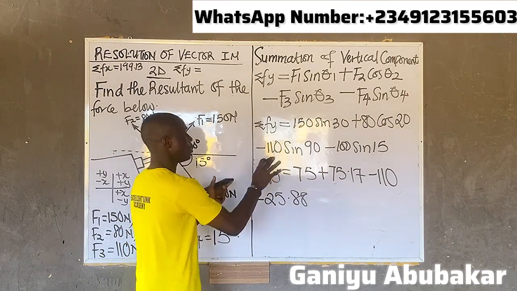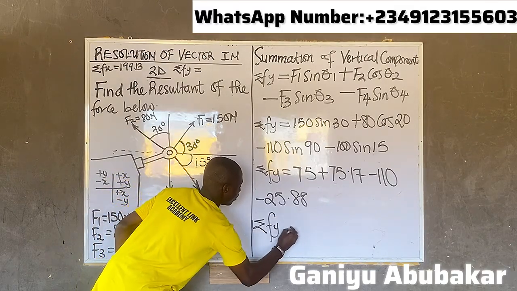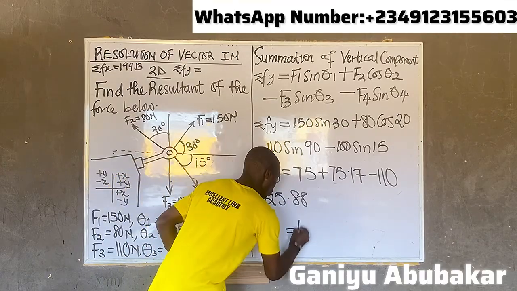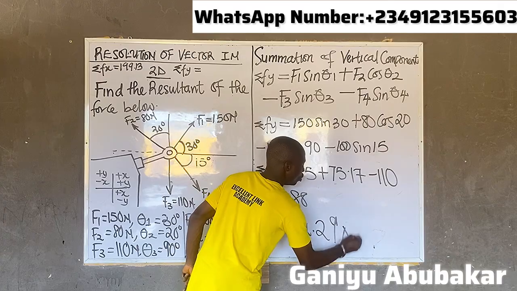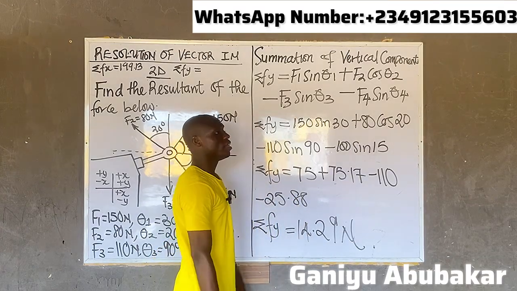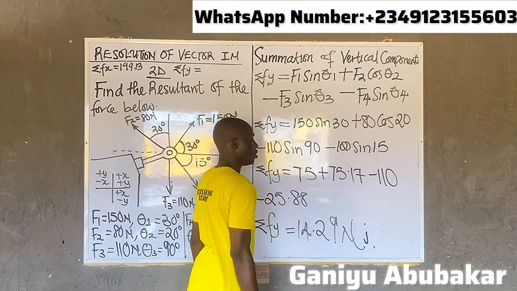In other words, simplify this man here. I'll have that summation f of y is equal in value to, simplify this one here, I have 14.29 Newton. If we are dealing on y-axis, in vector form gives you j.